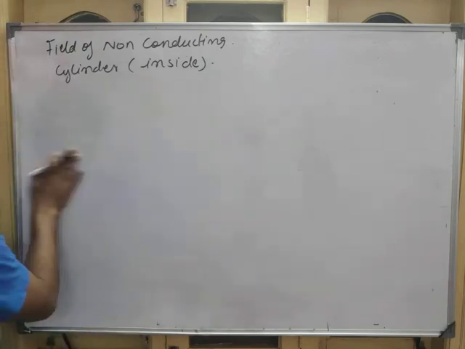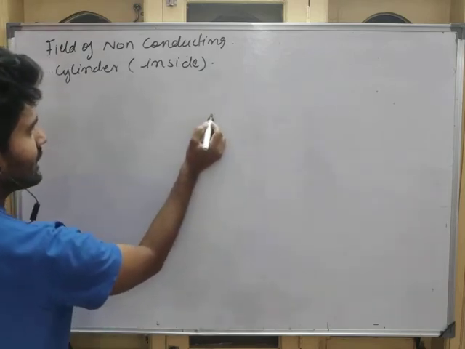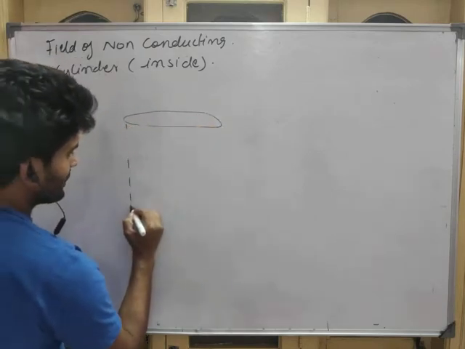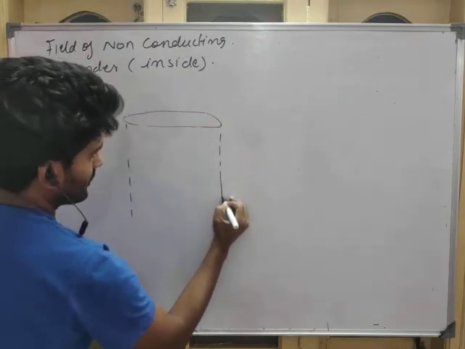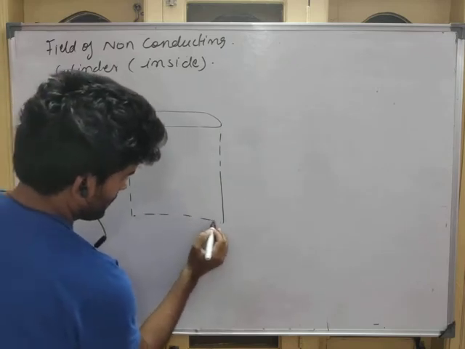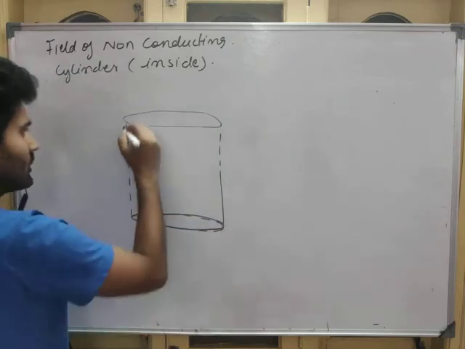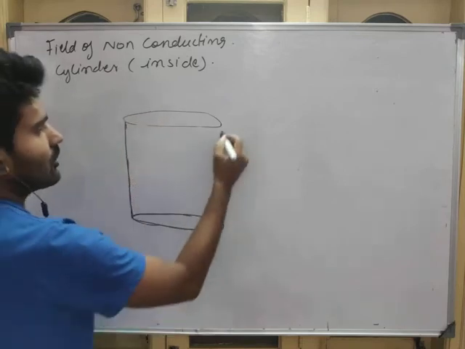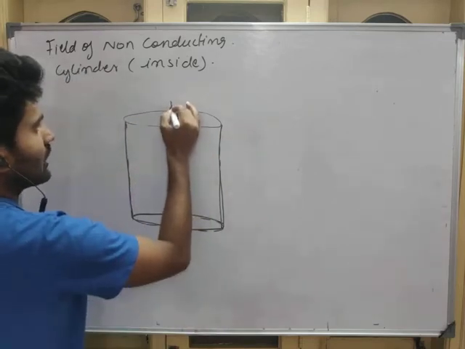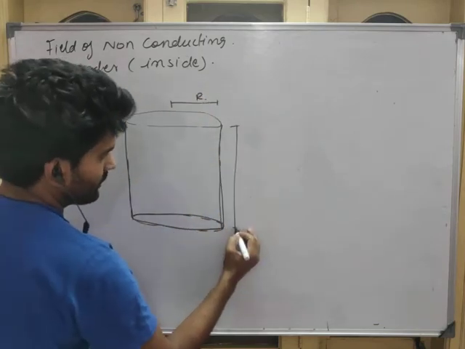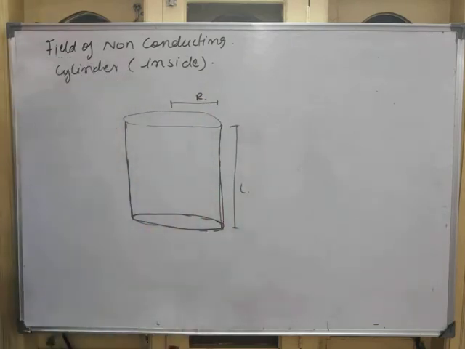So what we'll do here, we'll take one cylinder like this. So we have a cylinder of radius capital R and the length L, right?